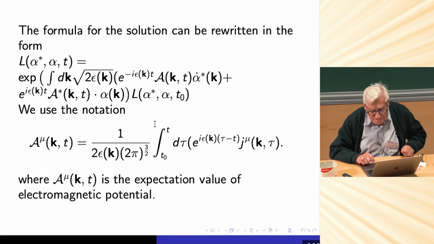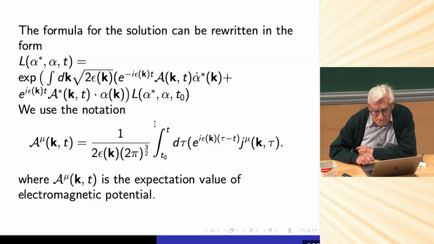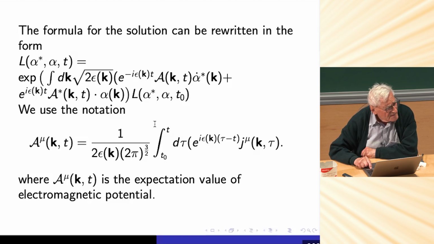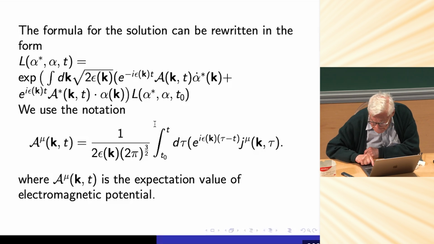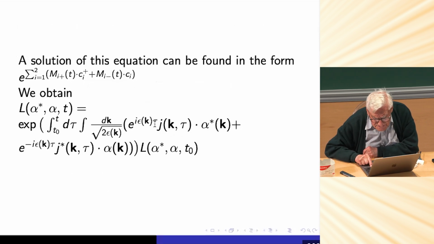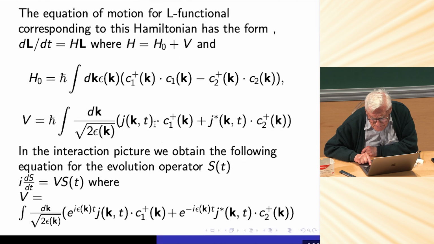You can rewrite this solution in a slightly different form, simply to recover the physical sense of these formulas. What is epsilon of k? I believe it is defined here. This is simply the absolute value of k in this case.